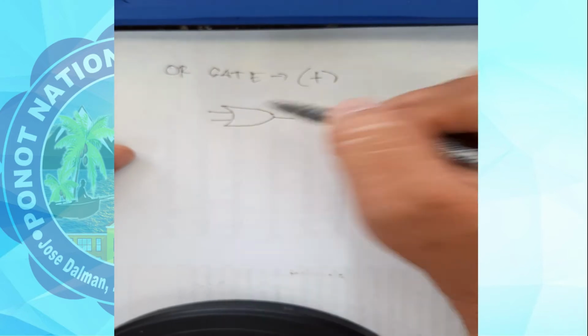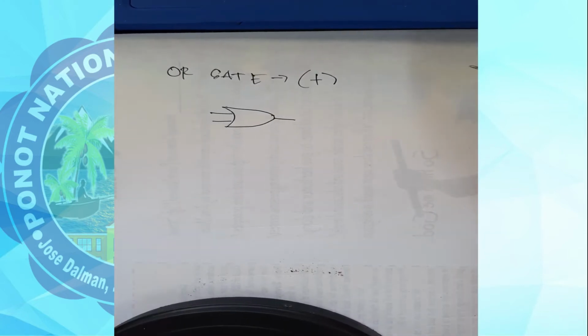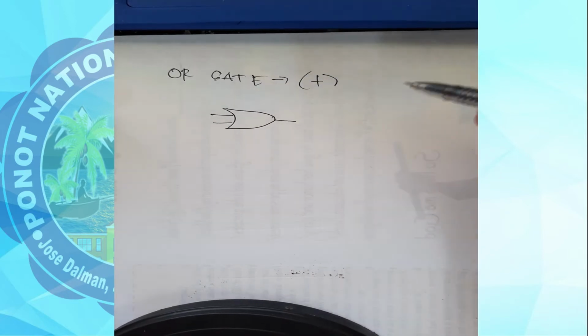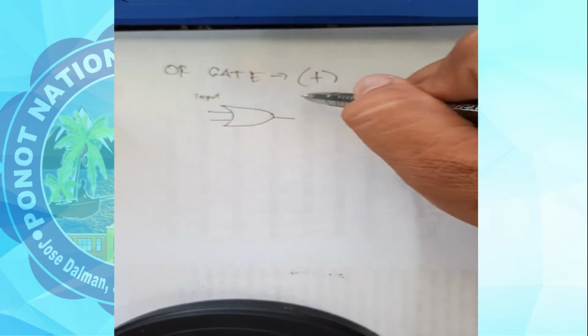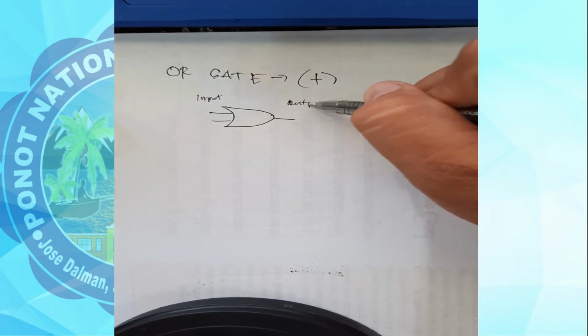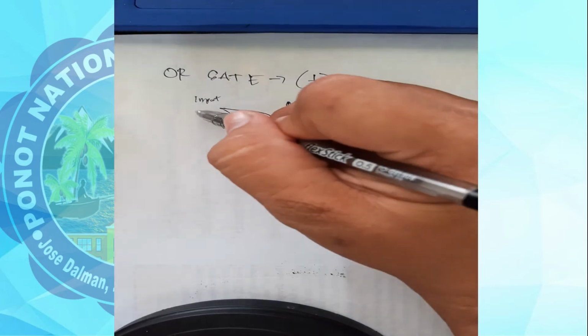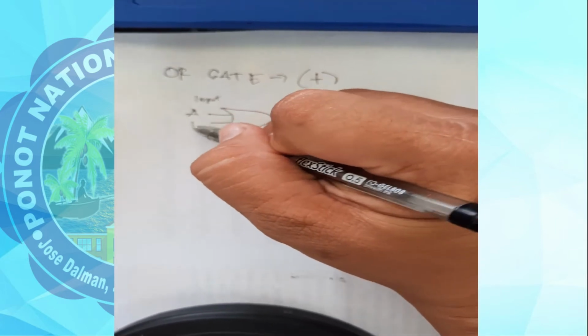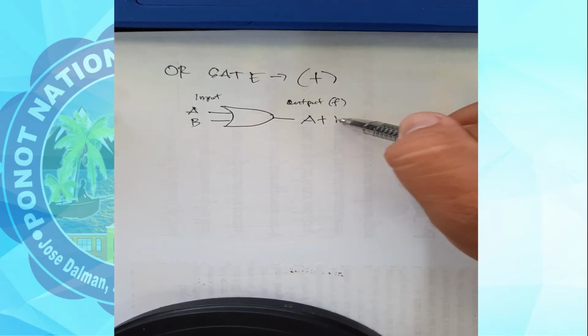Merong makikita nyo kung ano ang exact na itsura ng OR gate. So an OR gate, still, dito yung input natin. And this is our output. Output F. So, if you have an input A and input B, then your output will be A plus B.